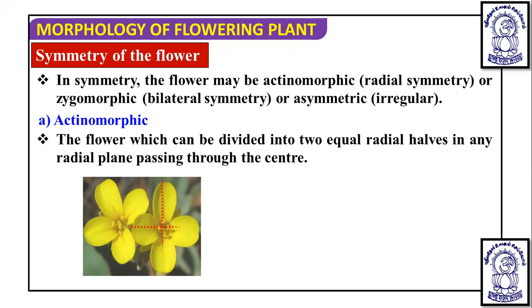You can cut along the dotted lines shown here, in any way, this way or this way, and they are going to form two equal halves. But the division plane must pass through the center. Then it is known as radial symmetry, and it is seen in the case of mustard.